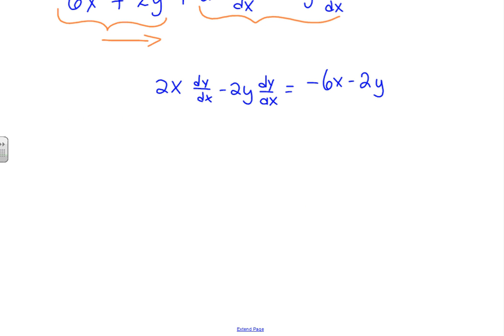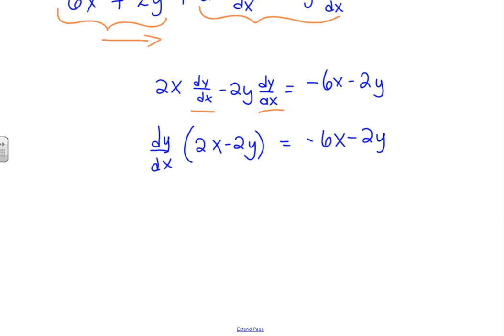And notice that they have a like factor here, so let's factor the dy/dx forward. That leaves us a 2x minus a 2y equals a negative 6x minus 2y.